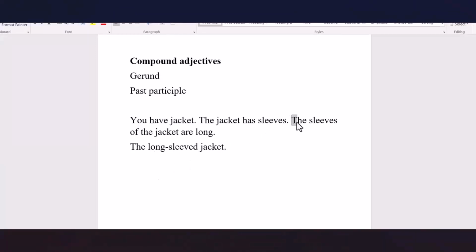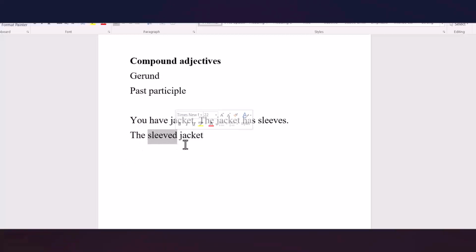When you don't have this information that the sleeves of the jacket are long, you just say the sleeved jacket. Okay, sleeved here is the adjective.